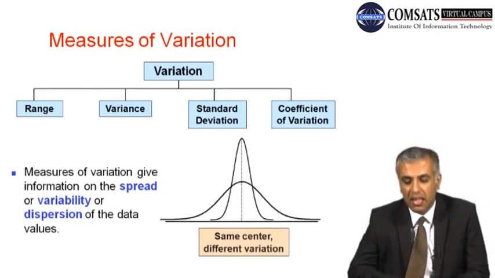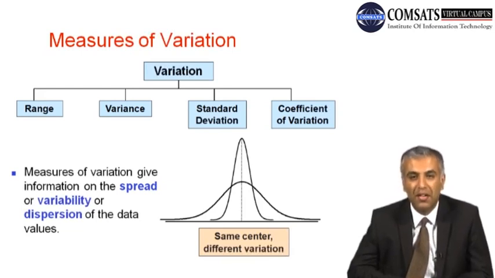So here again we are seeing a diagram in which we are seeing two curves, and if you look closely here, both of the curves have got the same center.